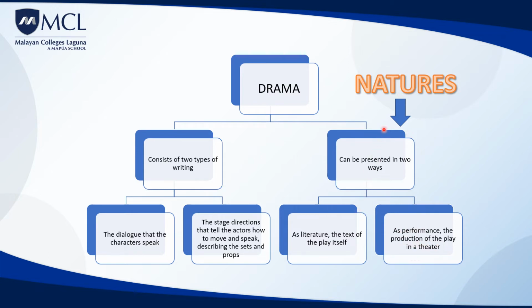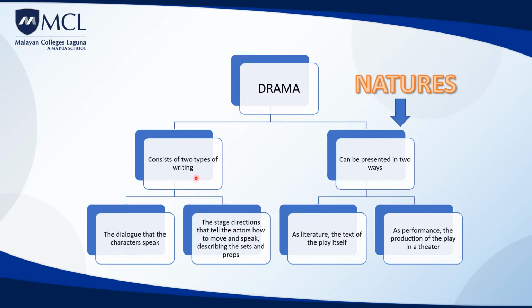So the 2 natures of drama are performing and literary. I repeat, the two natures of drama are performing and literary. So it may be written simply as a text, considered a play, or it may also be performed on stage to be viewed by a group of audience.